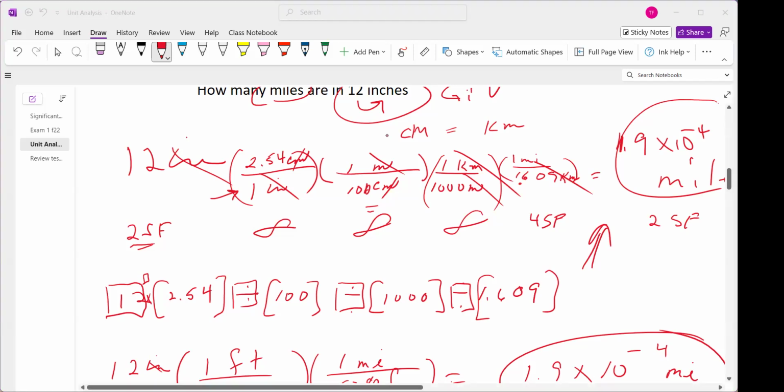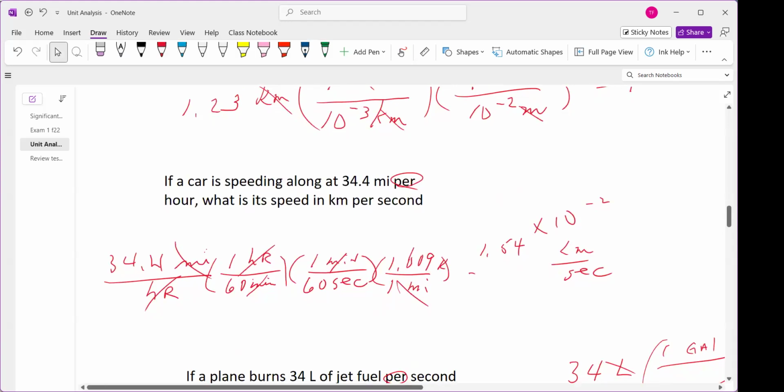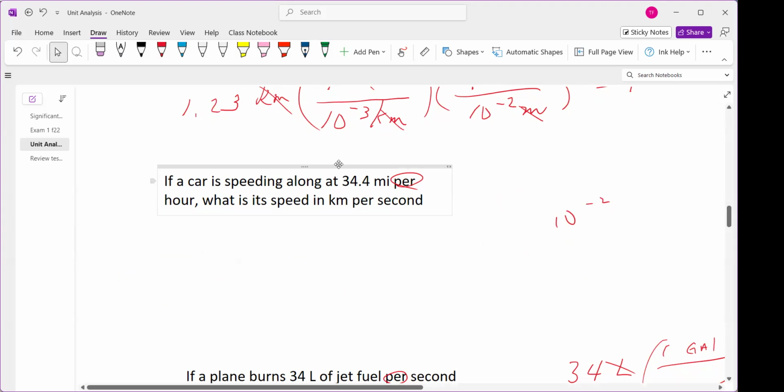Okay, so let's do one that's fraction to fraction. 34 miles per hour.